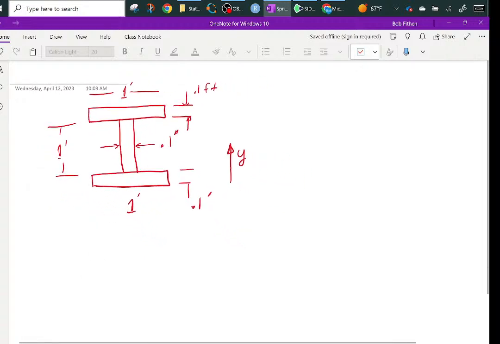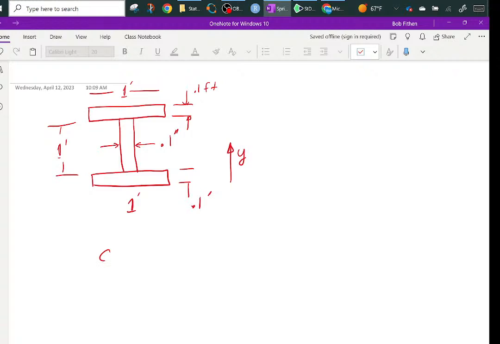So how do we go about this? There's a section called composite, and maybe the best thing to do is just go ahead and do a problem. So we saw Y bar times area is equal to the integral of Y bar dA. Now, integration can be thought of as looking like a summation.